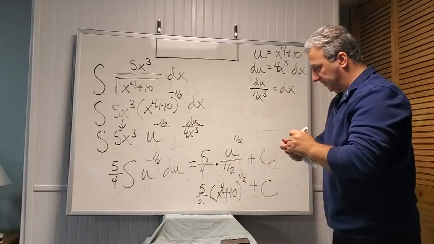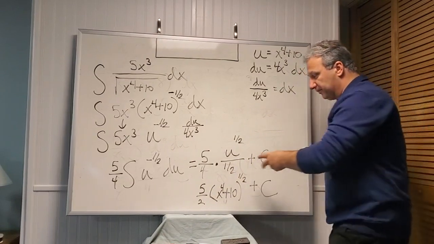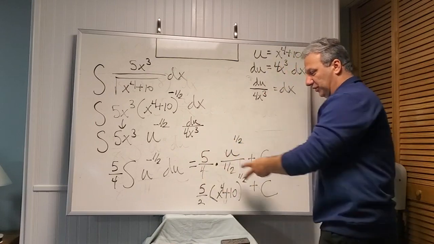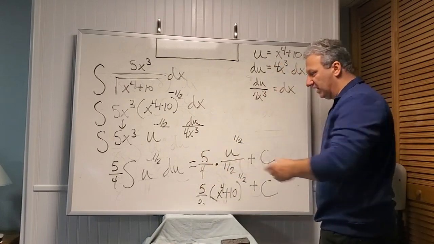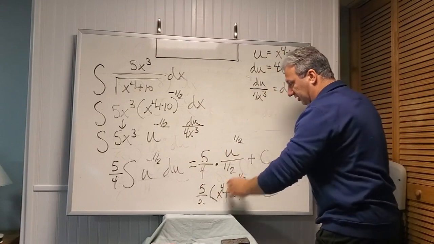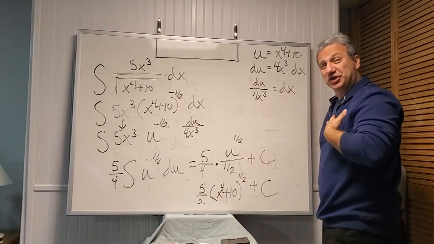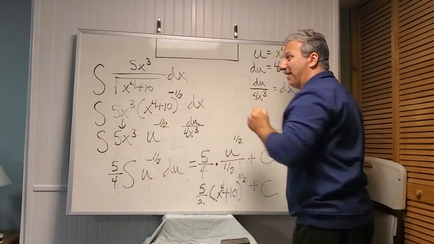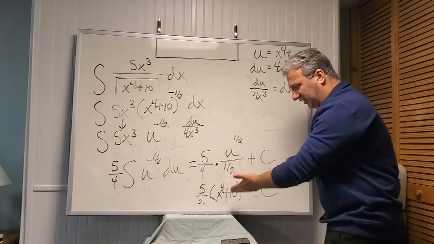I always like to pause to make sure I've done this right. 1/2 flips and multiplies, makes 5/2 when you flip and multiply the 5/4. u is u, so that goes in there. 1/2 is that. Again, the good news is, if you take the time to take the derivative of this, you should get back to that.